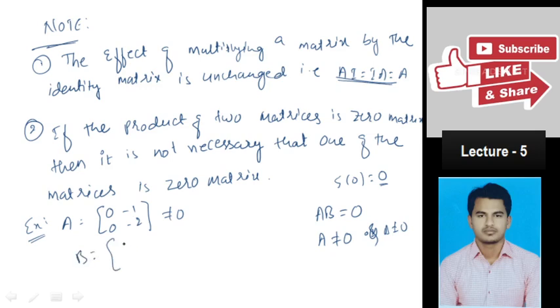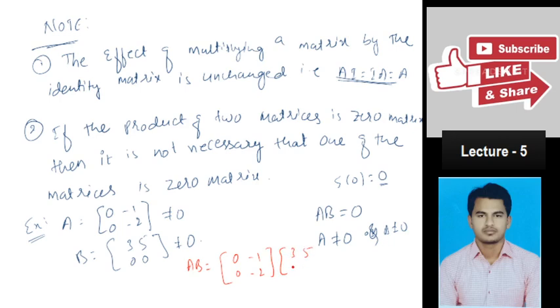B is 3 5 0 0, which is also not equal to 0. Clear? Now multiplying these two, AB is equal to A, which is 0 minus 1 and 0 minus 2, into 3 5 0 0.